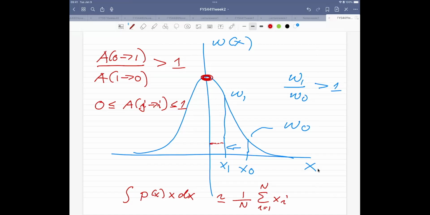So I also have to accept the possibility that I can move away. So that means I could move to x2 here. In that specific case, W2 divided by W0 is less than 1. So what do I do then?